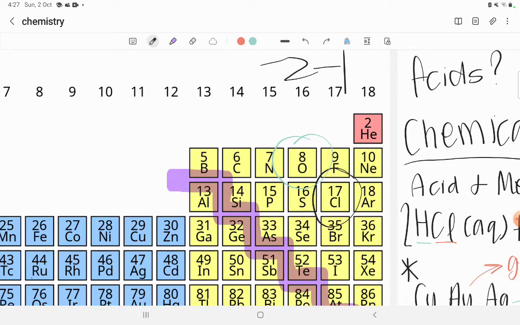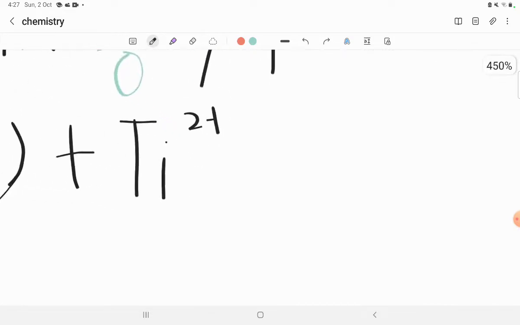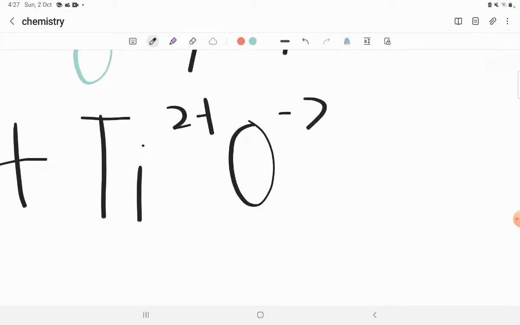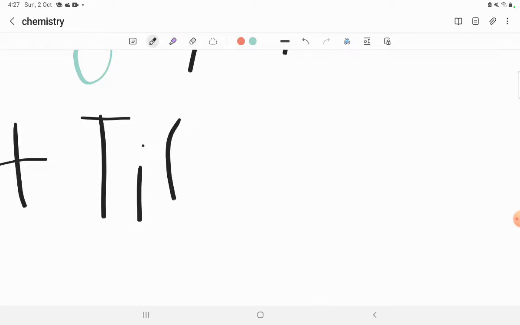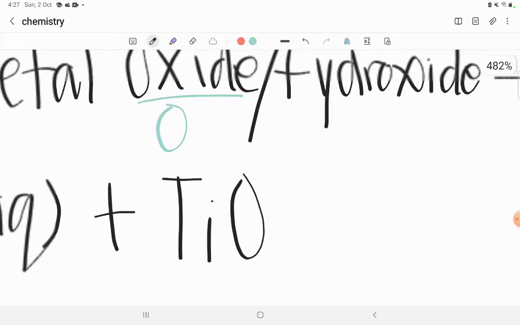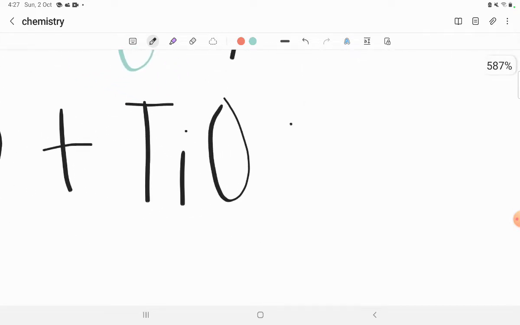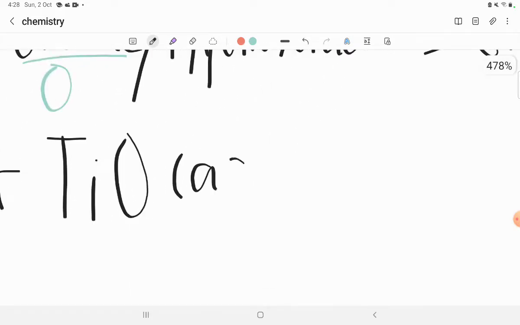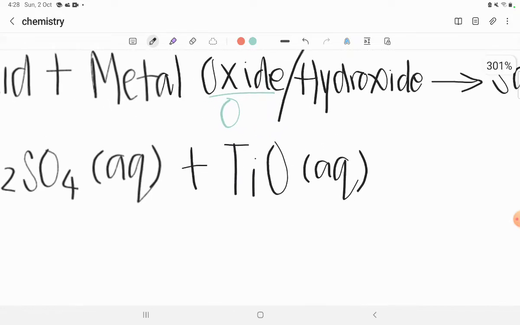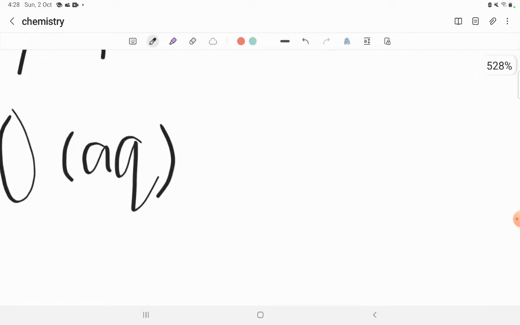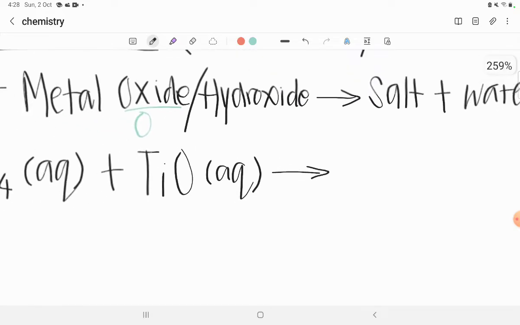So it's a charge of -2, and that would be perfect because -2 and +2 balance out so that it becomes 0. SnO. Okay, metal oxides and metal hydroxides will always be aqueous form. Why? I will touch on that later, under bases. Okay, H2SO4 and SnO form a salt and water.